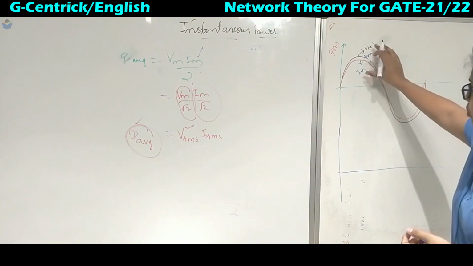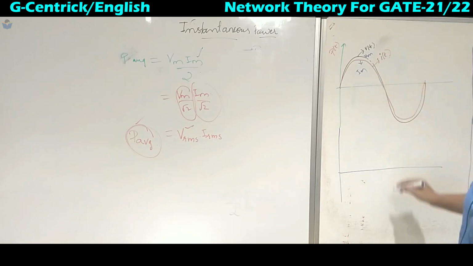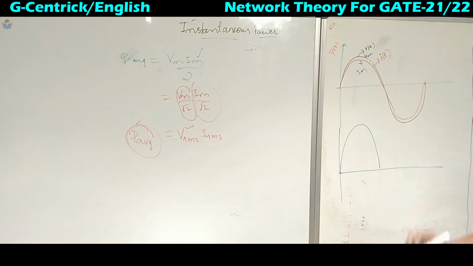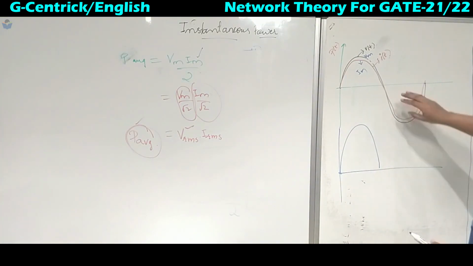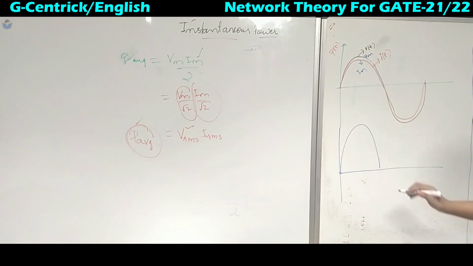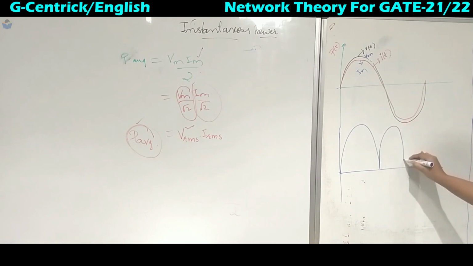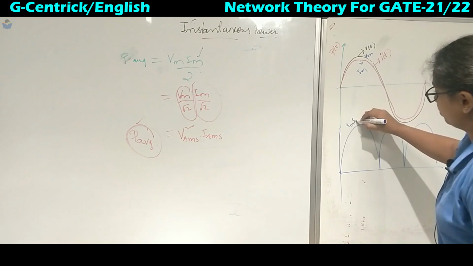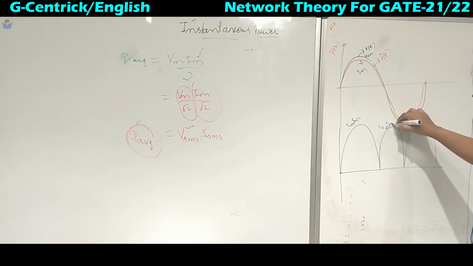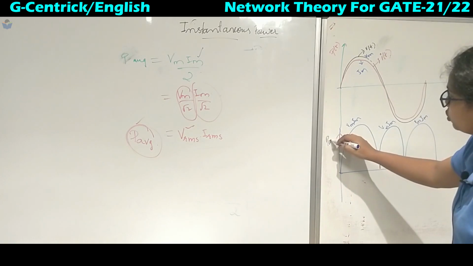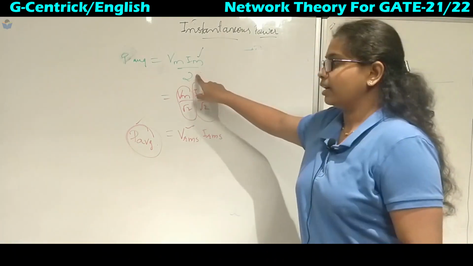When we multiply both of them, there will be an increase in the magnitude. Now V of t is negative, I of t is negative, so negative into negative, what will we get? Again positive. So this is positive with the increased magnitude Vm into Im at that instant. To represent the average power, I have to divide it by 2.